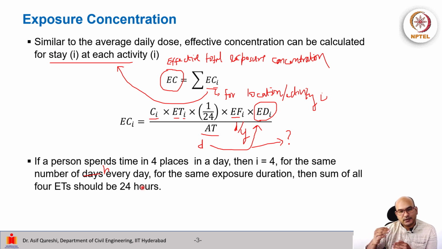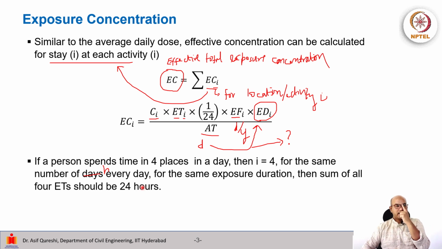But if you are doing 4 activities per day, then the exposure time in all those activities should be 24 hours, because we have divided 24 hours of a day into these 4 activities. Or if there are 10 activities in one day, the time spent in 10 activities should be equal to 24 hours. Otherwise, there is a problem in our expressing the problem.